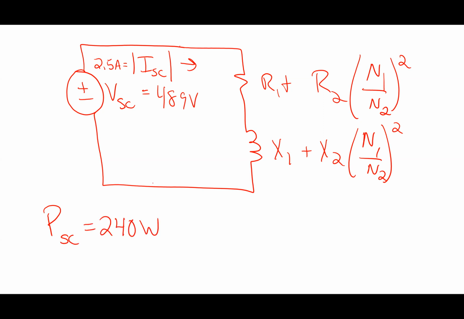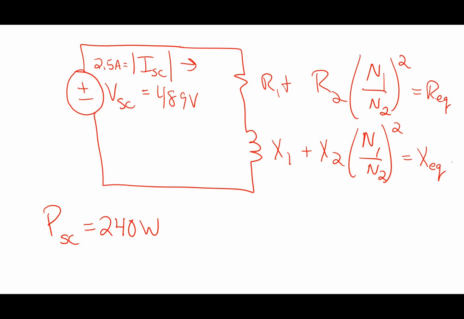How do I approach this? It's clunky to carry this around, so I'm going to call this R equivalent and I'm going to call this X equivalent. Like that. Okay. How do I figure out R equivalent?